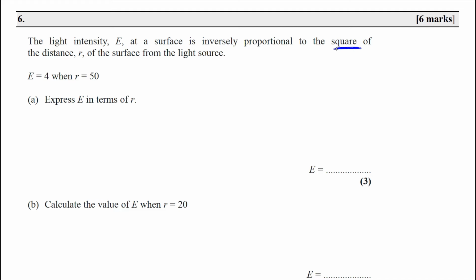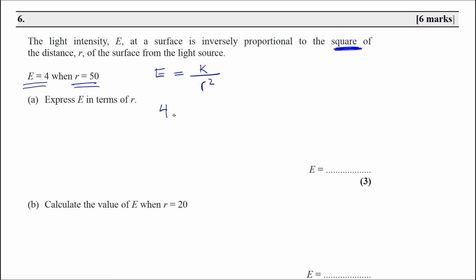Keep in mind we have the word square, so don't forget about it. So E is equal to K over R squared. This is the equation connecting the two, but of course we need to find the value of K. So we are going to use this condition to find the value of K.